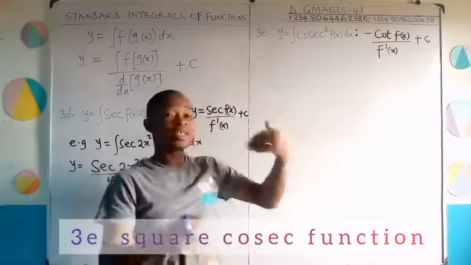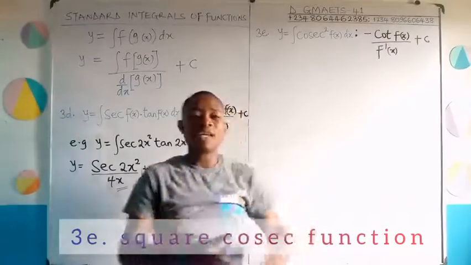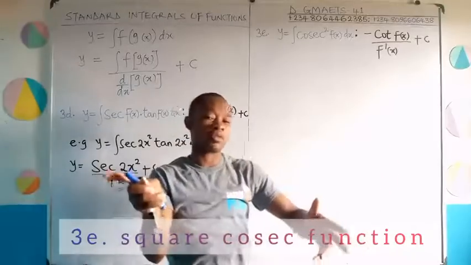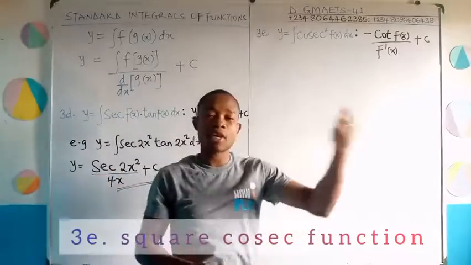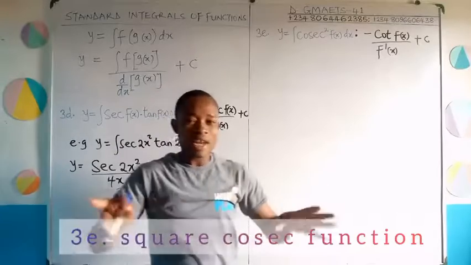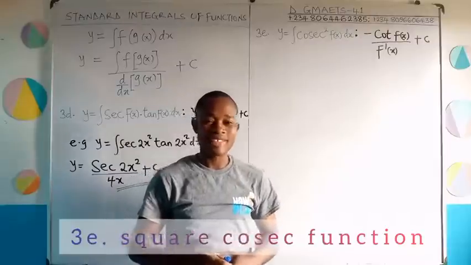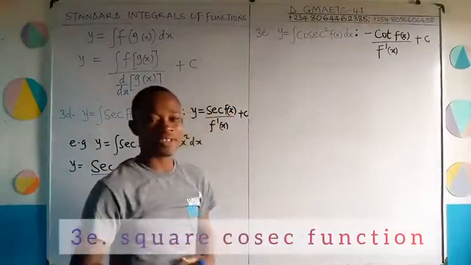Now in this case, we are integrating cosec square, no longer minus of it. It simply means that the minus would have been transferred to cot. So that integral of cosec square would now produce minus cot, similar to what you saw under the integral of sine, which produced minus cos for us.